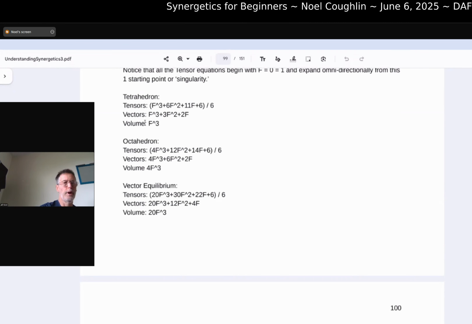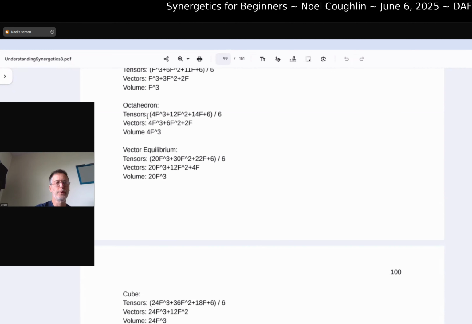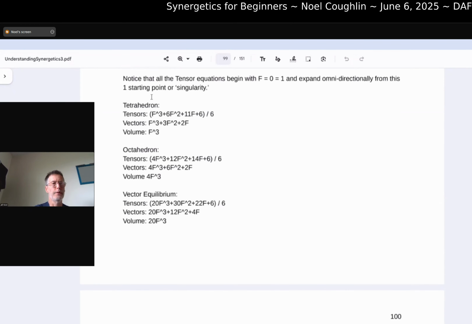I'll explain a little bit more how the tetrahedron acts as a unit of volume and why all of these then, as they are symmetrically fractionated, create these symmetrical equations. This is the octahedron spheres and vectors, or kissing points, and their volume. When they have the same edge length, the octahedron always has 4 times as much volume as the tetrahedron.